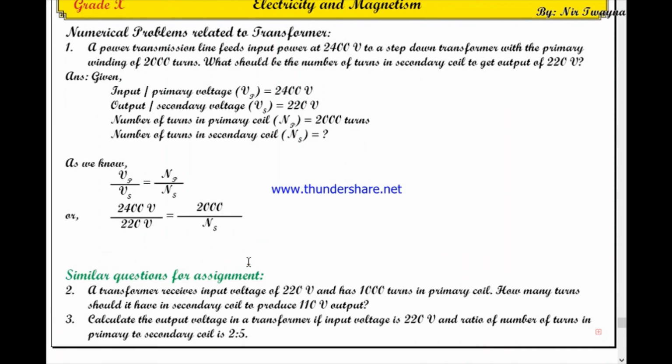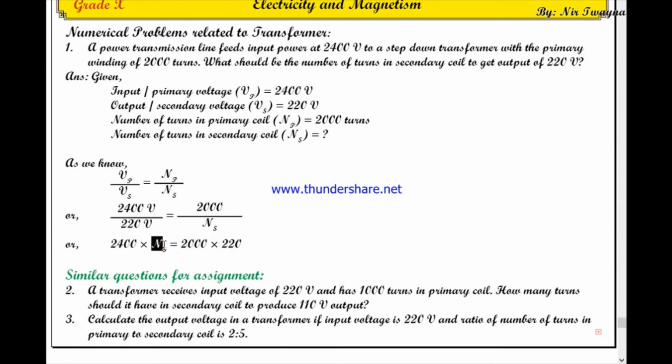So by cross multiplying, you should get 2400 into Ns is equal to 2000 into 220. Understand this? Cross multiplication. Ns is multiplied to the numerator of left side, 220 volt is multiplied to the numerator of right side.